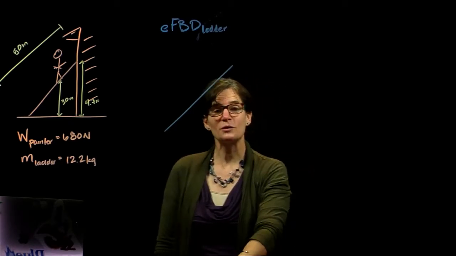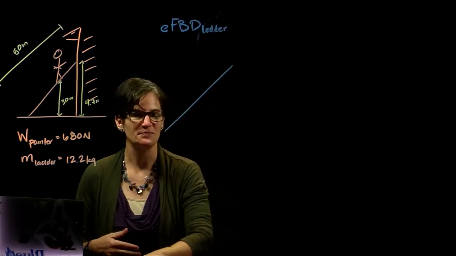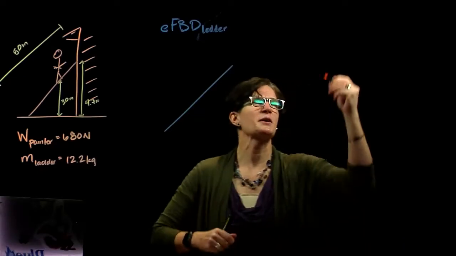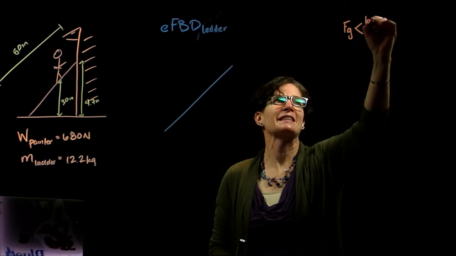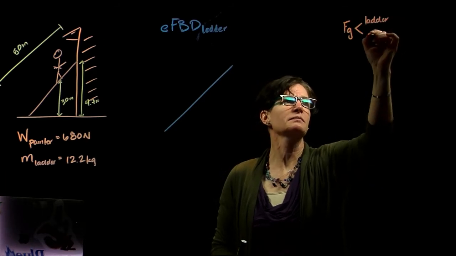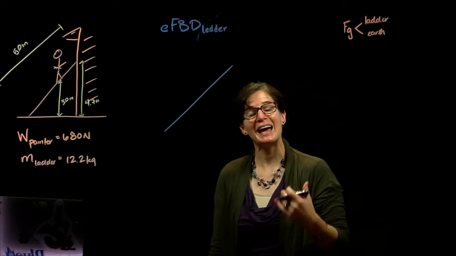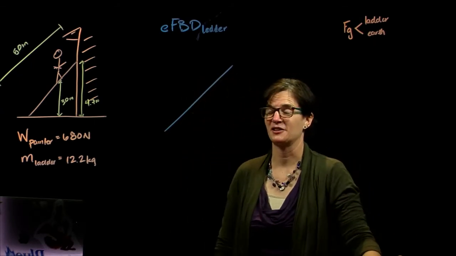All right, so what forces do we have acting on the ladder? What's interacting with the ladder? And for the purposes of practice, we're going to do those force trees, those interactions. So we know we have the force of gravity. That is between the ladder and the earth. And remember, the force of gravity acts at the center of gravity, or the center of mass in our case.